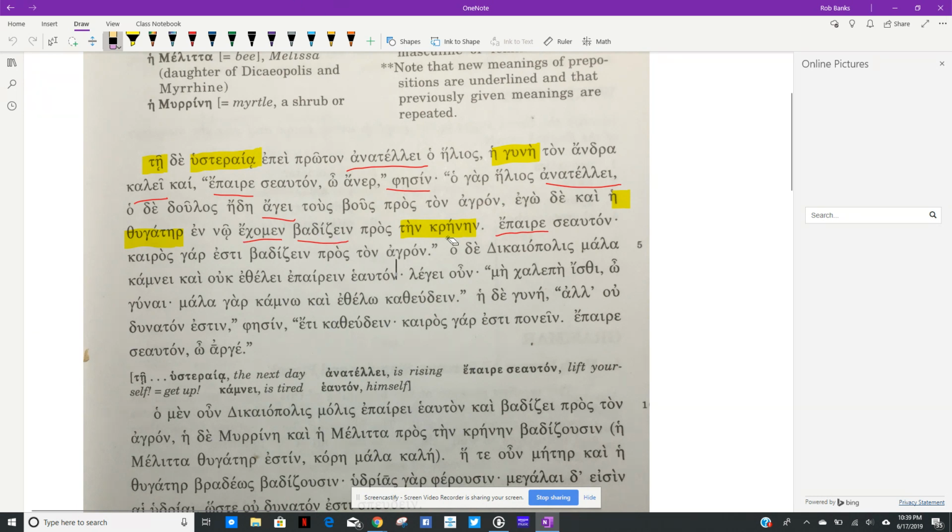To walk pros ten krenen, to the spring. The kind of spring where you get water. Ten kren en is feminine. The ten tells me that. It's also first declension. The eta nu ending tells me it's first declension, accusative singular. So the spring, that's a feminine noun. We talked about gender. Epere seauton. So again, lift yourself, get up.